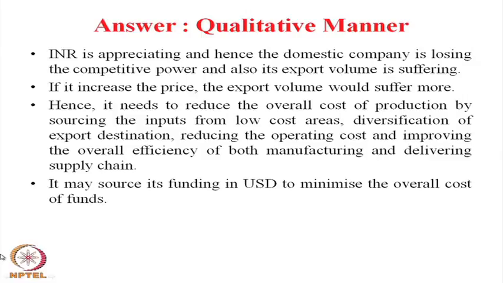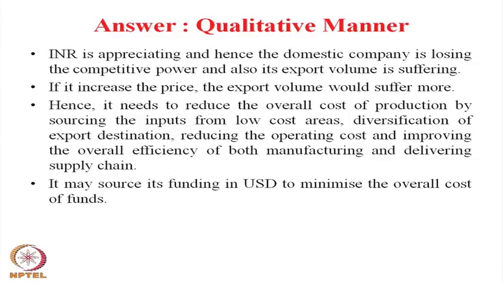The problem tells us that the INR is appreciating, that is, the Indian rupee is appreciating, hence the domestic company is losing competitive power and also its export volume. If the company increases the price to absorb the operating exposure, that is, INR is appreciating, so there is operating exposure.